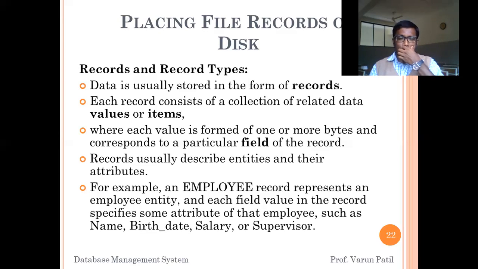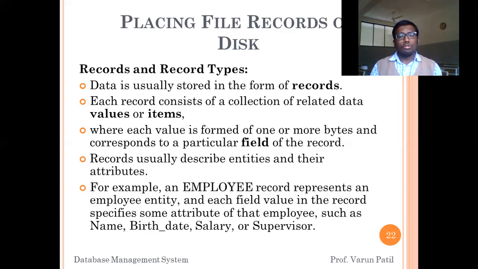Within that, a particular record is, for example, the employee Manjunath. With the name Manjunath, his birth date is something like 1991, his salary is 40,000, and whether he is a supervisor or not.